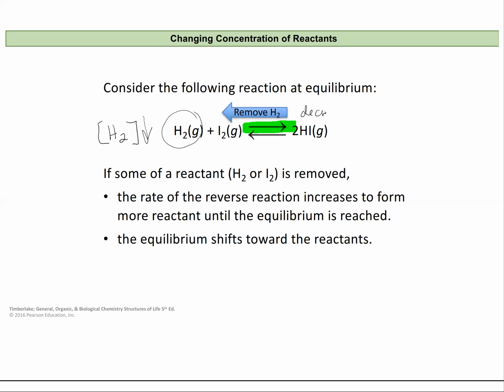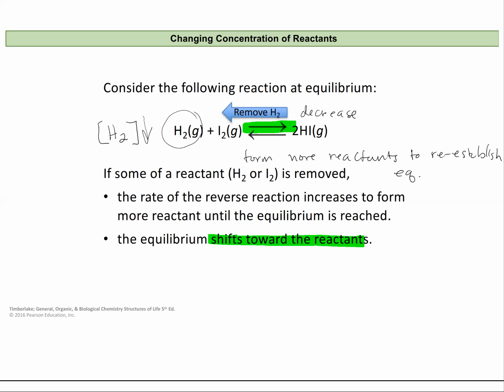That means I'm going to form more reactants to reestablish equilibrium, that magic ratio between products and reactants. And we call this a shift towards our reactants, is one way to say it.